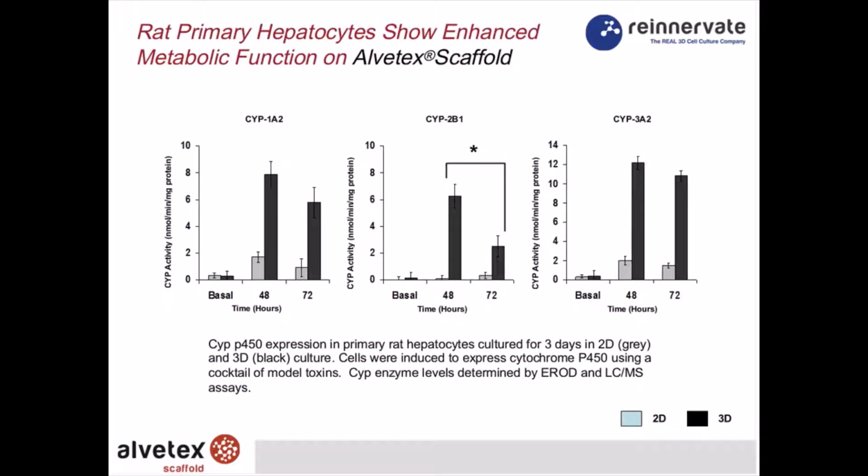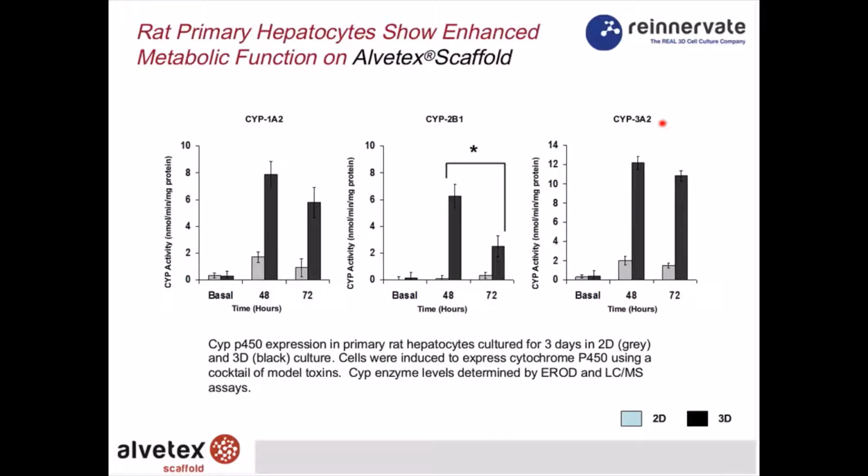In addition, the metabolic function of hepatocytes is also enhanced in Alvetex scaffold. In this experiment, hepatocytes were grown and then exposed to a cocktail of model toxins for up to 48 to 72 hours, and then the induction of these P450 enzymes, 1A2, 2B1, and 3A2, was determined and measured.